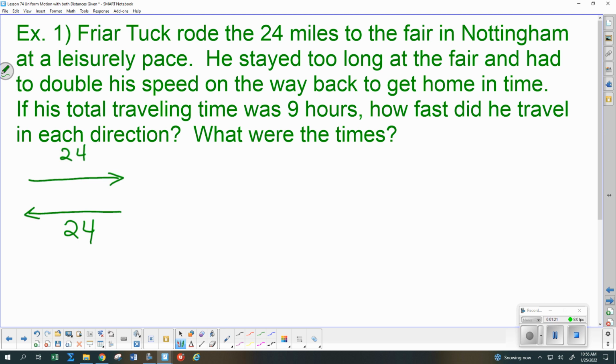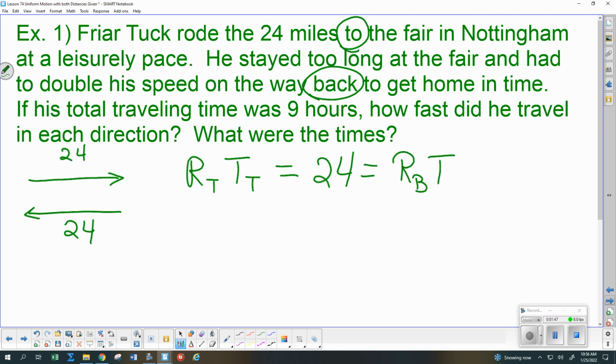So I'm going to use for my subscripts a T for that and a B for the way back, just so that we know what I'm setting up. So I know that RT times TT equals 24, and I know that that also equals RB times TB.